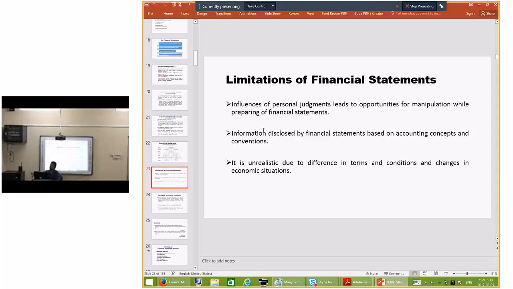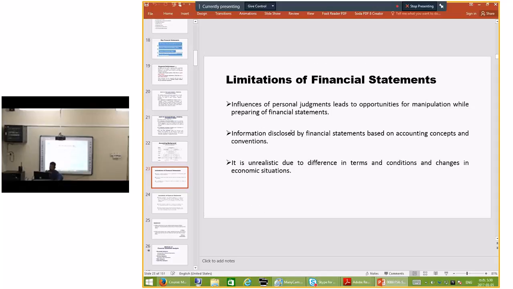Then it is difficult to use the results of the analysis for making decisions, because it is far from reality.